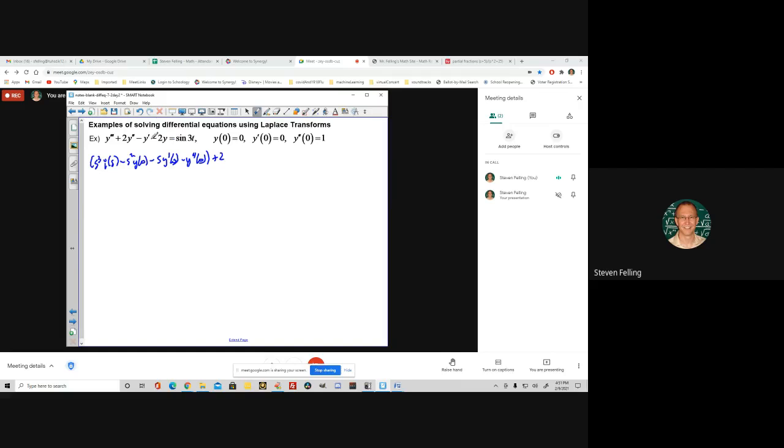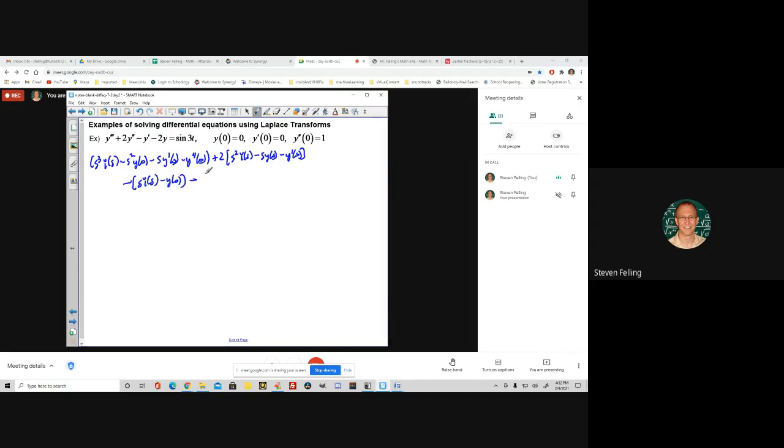Plus 2 times y double prime, which is s squared Y(s) minus s y(0) minus y prime of 0. And then minus y prime, which is s times Y(s) minus y(0).